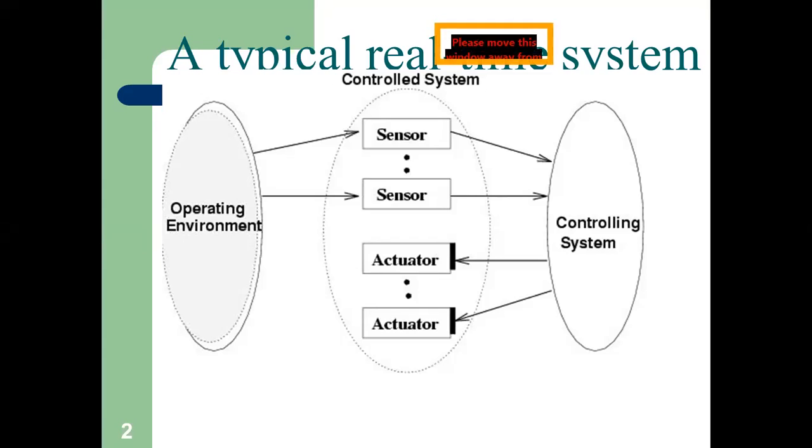Actuators control the signals and give a better frequency and better signal, and sensors sense the various signals or information and report it to the controlling system, so that we can control the various devices with the help of the operating system. So this is the basic block diagram to implement the real-time system.